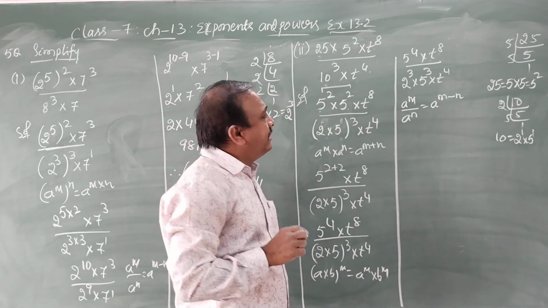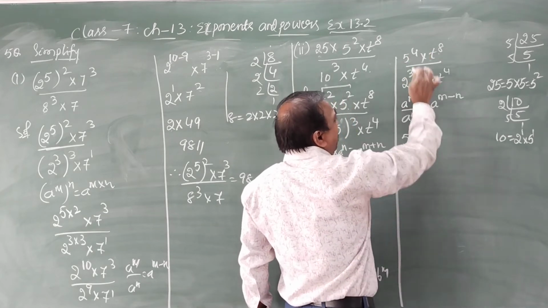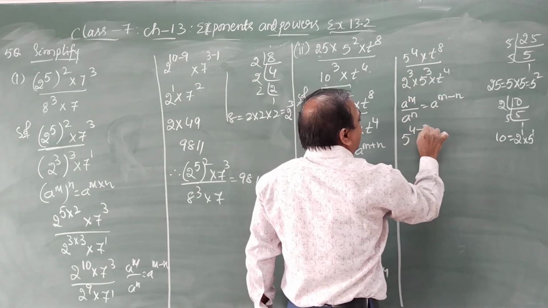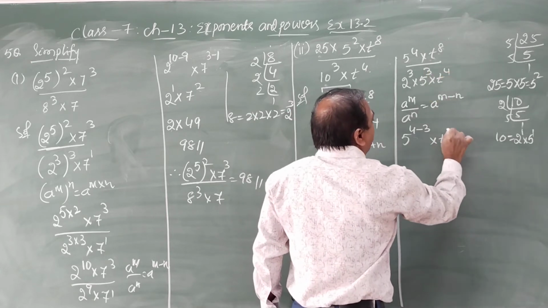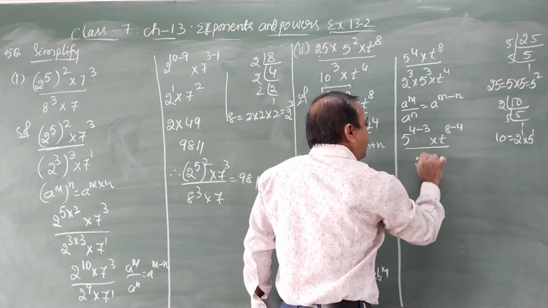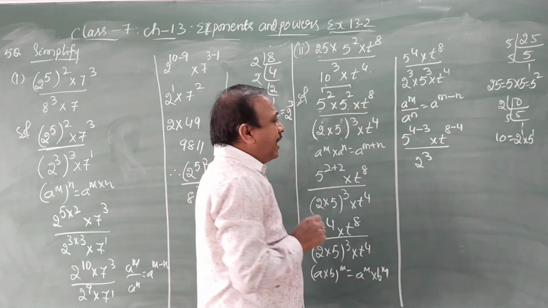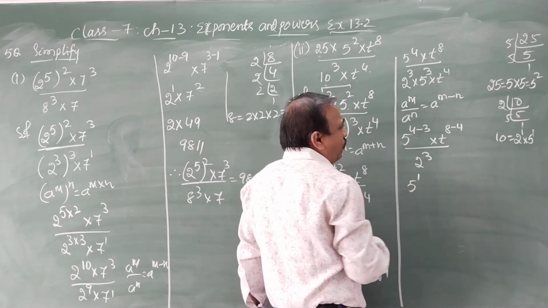So for 5 it is 5 to the power 4 minus 3, and similarly t to the power 8 minus 4, by 2 to the power 3. Now 5 to the power 4 minus 3 is nothing but 5 to the power 1.